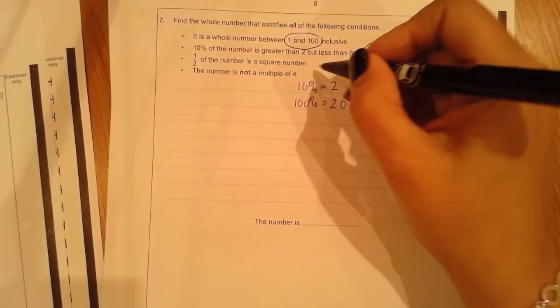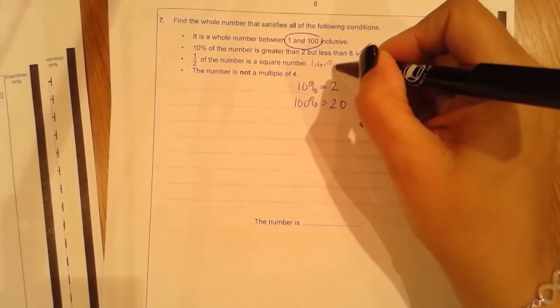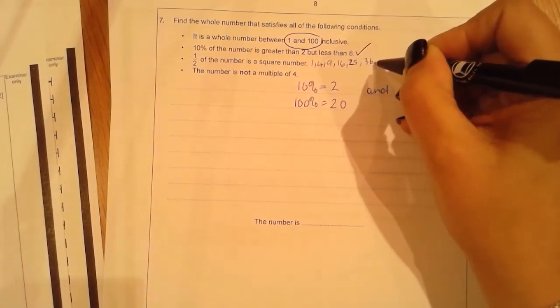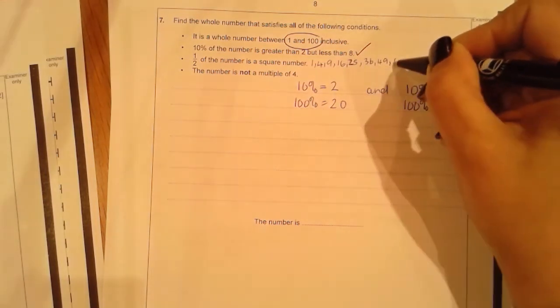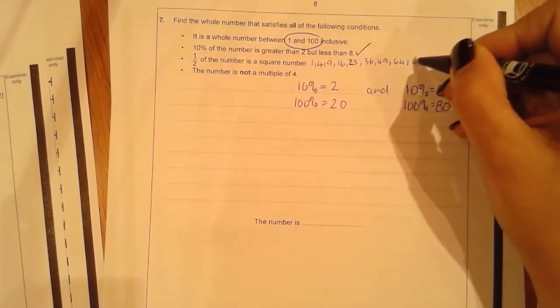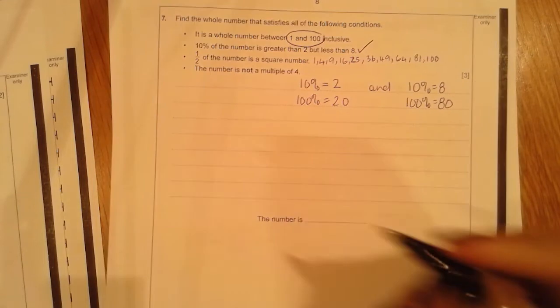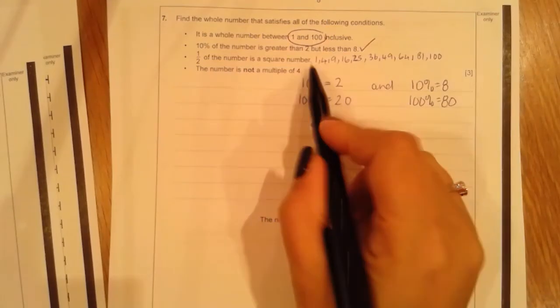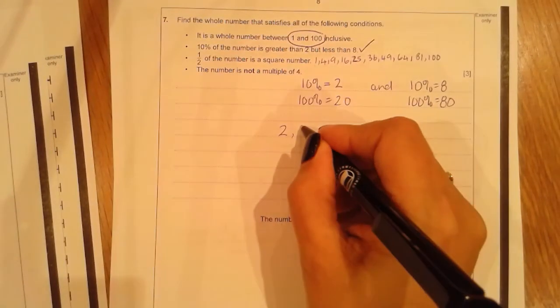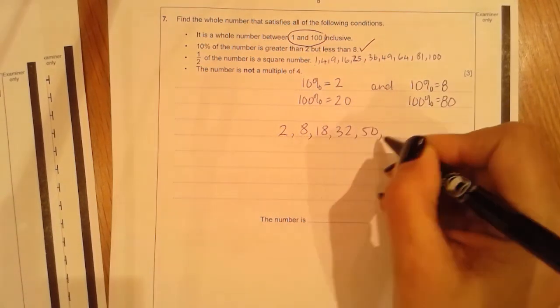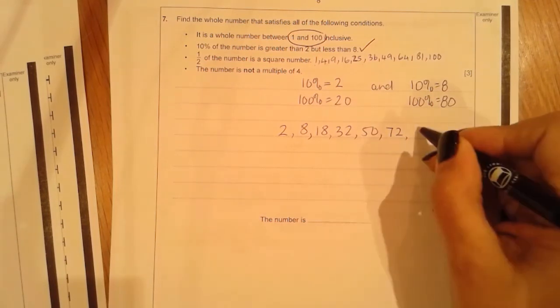My square numbers, from multiplying by themselves, there are my square numbers to 100. If half of the number is a square number, then I have the choice of 2, 8, 18, 32, 50, 72, 98.